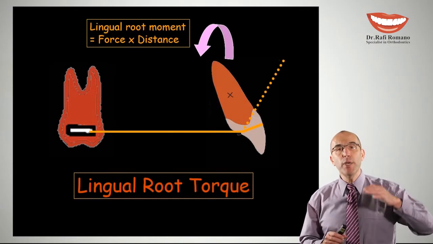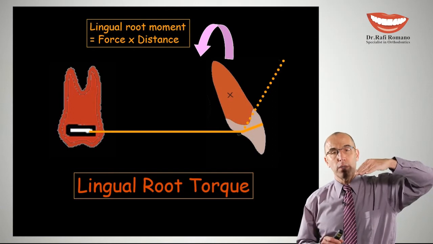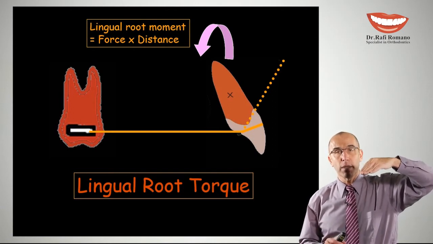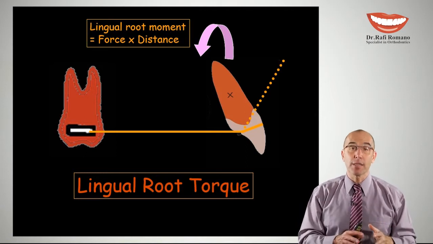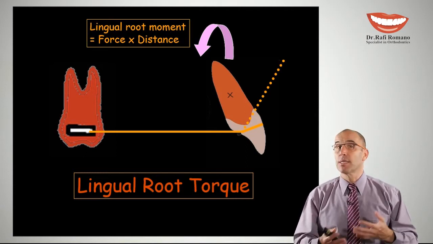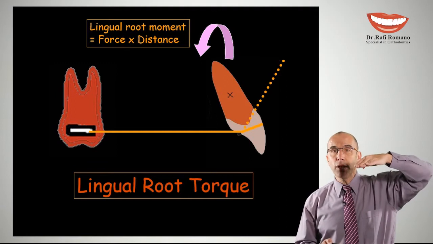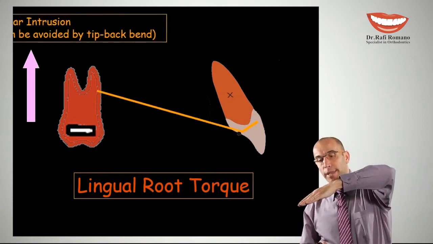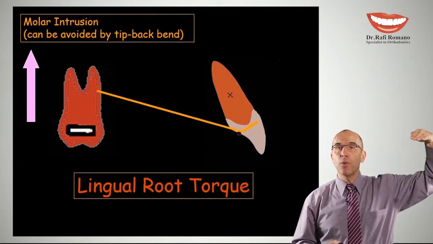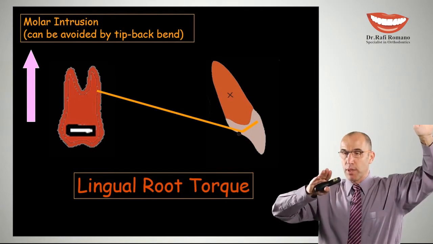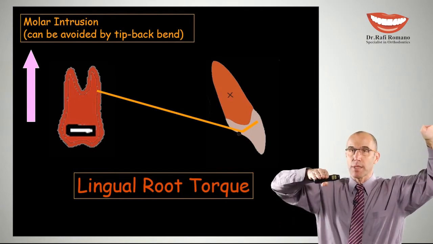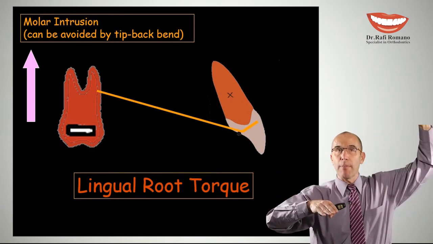Now, if we use torque in the wire or in the bracket, we add some torque, we get some other side effects. Some of them are desired, some of them are not. When you add the torque, all the wire behind the tooth where you added the torque goes up, because you put the torqued wire into the slot, so the wire goes up.